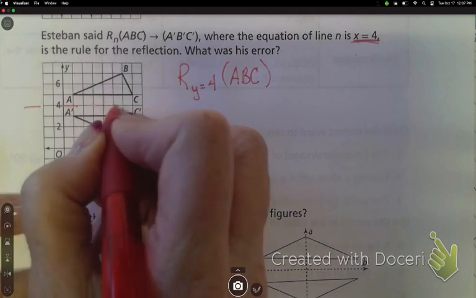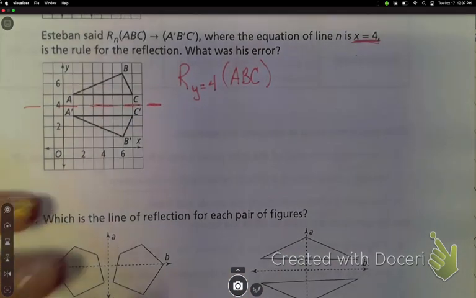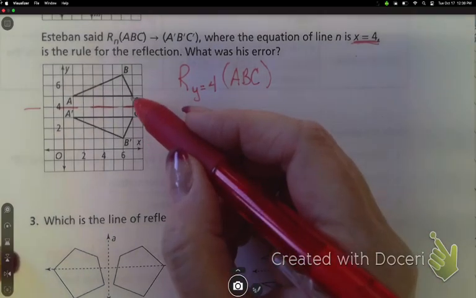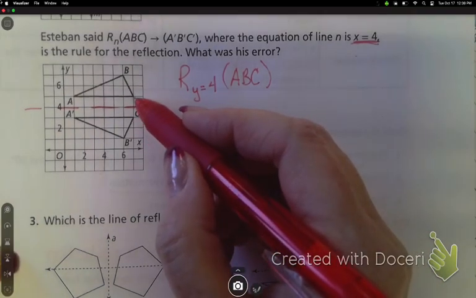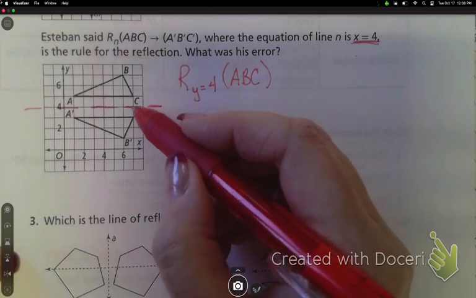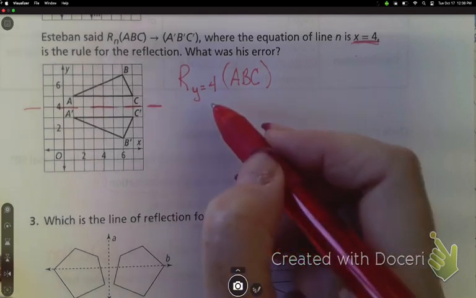What I want is the first thing you said. It is directly in the what? Middle. See that? So if I counted 1, 2, what's half of 2? 1. So you would go up 1 and down 1, and that would be your line of reflection. Make sense?